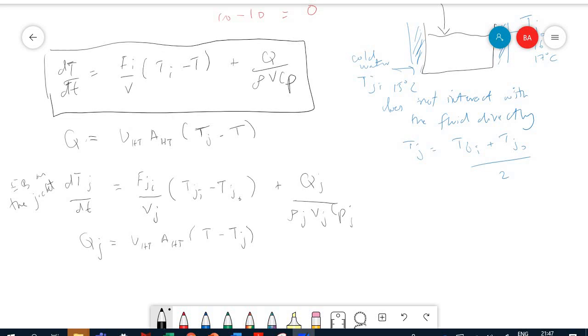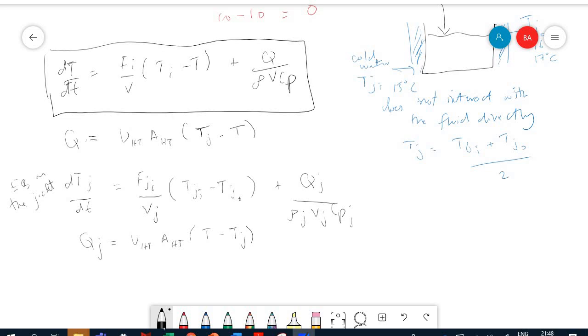And if you look a moment even more into depth, we have Tj in minus Tj out. If we consider that as equal, which it is not, but if they are very close to equal, then dTj is directly equal to Qj divided by rho j Vj Cpj.